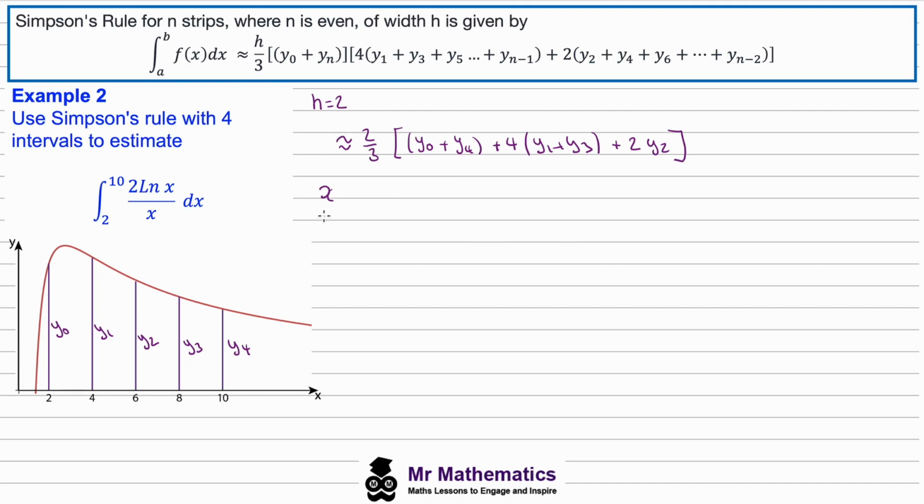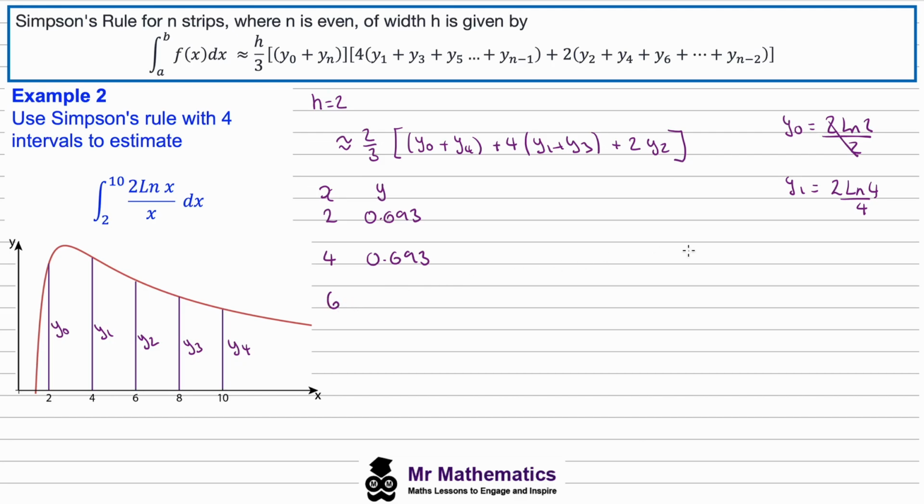If x is 2, then y0, our first y value, we can work out over here. So y0 will be 2 times the natural log of 2 over 2. These will cancel, so this will give us 0.693. When x is 4, y1 will be 2 times the natural log of 4 over 4, and again, this is 0.693.